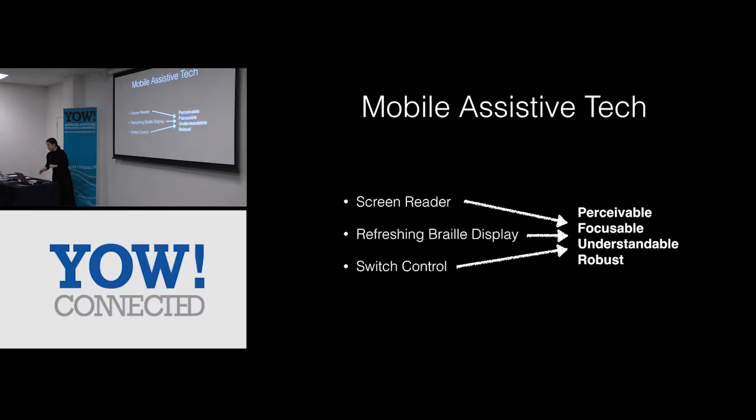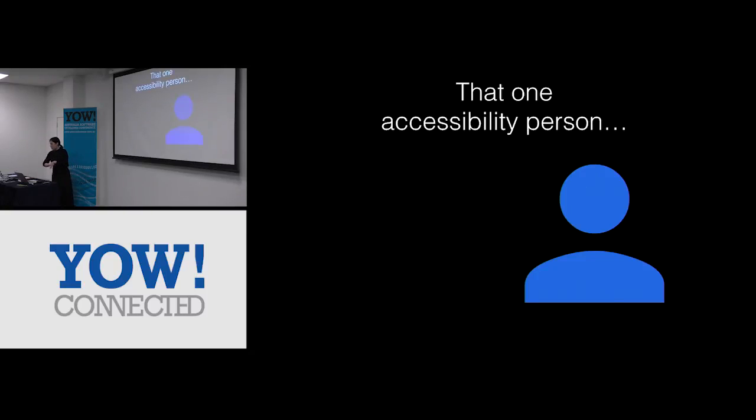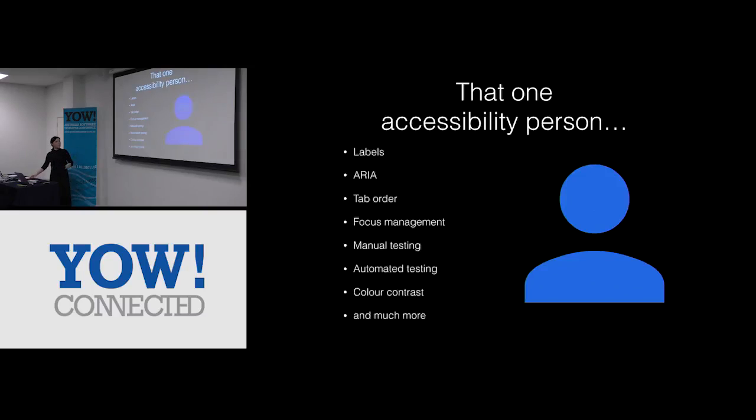And the last thing I want to talk about is how to build accessibility into your team. From projects that I've seen, there is usually that one accessibility person. And that one accessibility person is usually the dev or the QA, and they are building all of these accessibility features into the app.